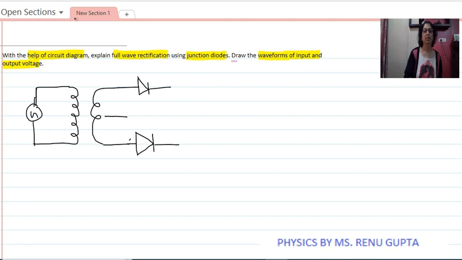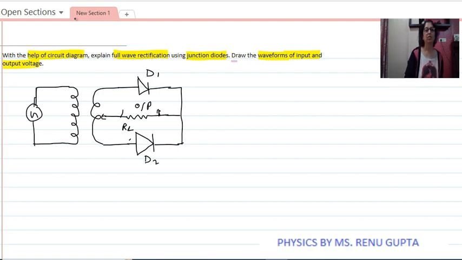And here is the load resistance for output. Against this we get output. And this completes the circuit diagram. This is diode D1 and this is diode D2.